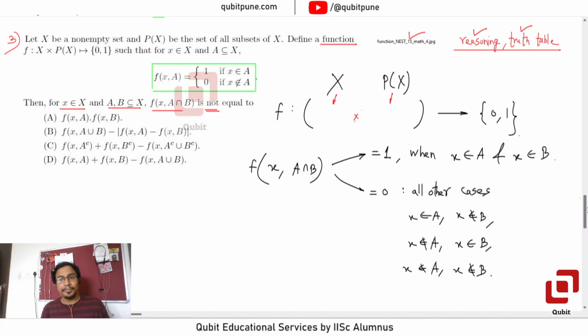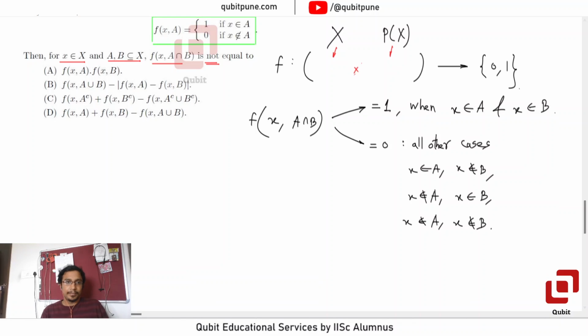Now let us go to option A. Option A says f of x comma a into f of x comma b. Now see, look here. If we want our x to belong to a intersection b, it must be in A as well as in B. In all other cases it will be 0.